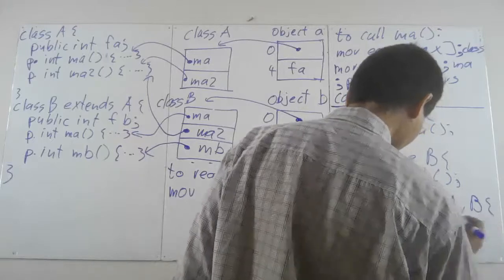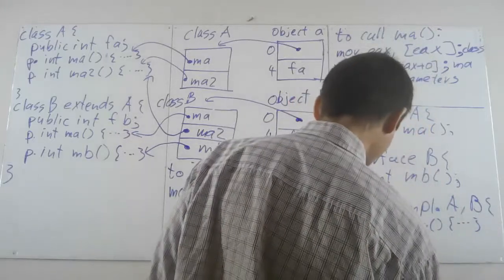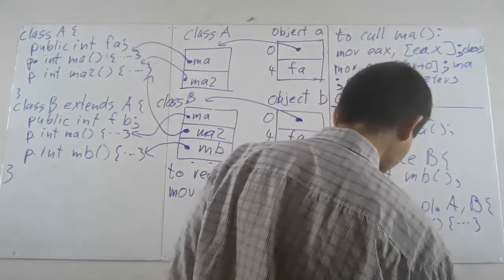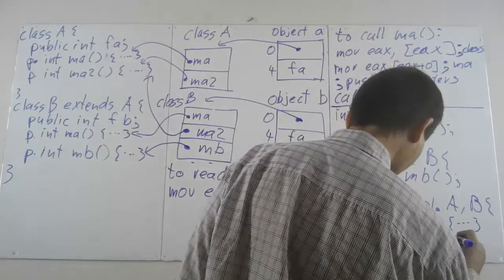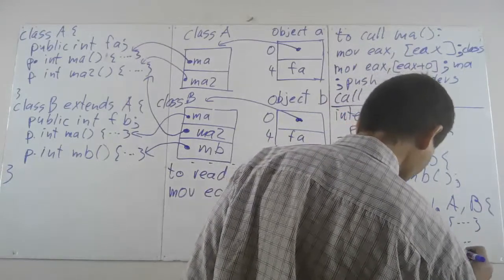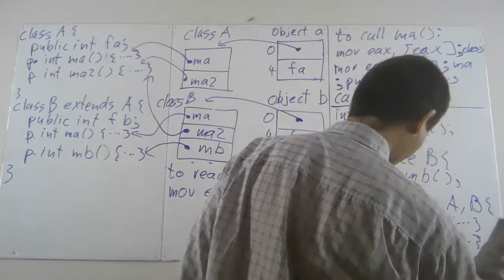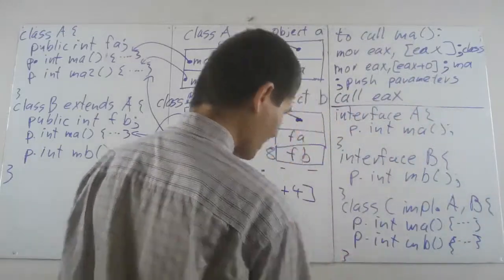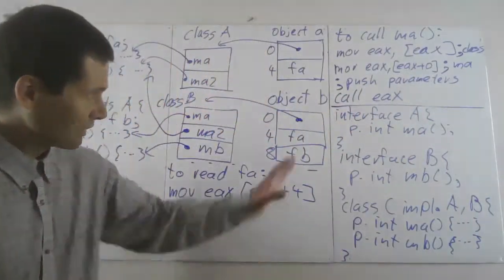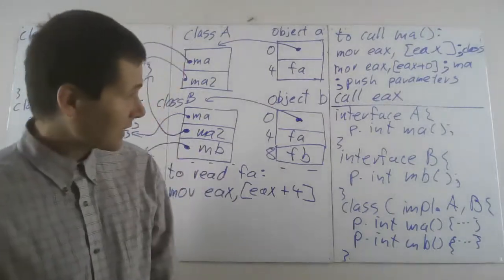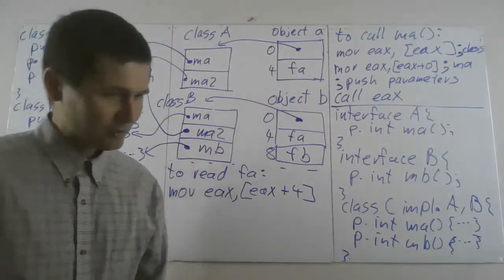Okay, so I have an implementation of MA and an implementation of MB, and so there's my little Java program, or my little Juice program.